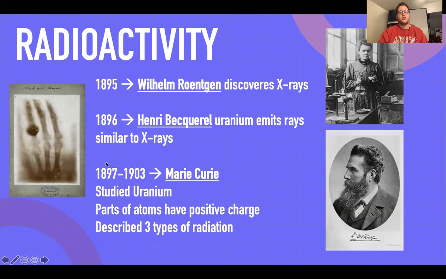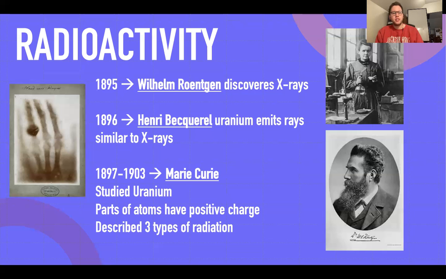For Henri to do that, he used uranium, which of course emits rays, but it is a very dangerous, decaying radioactive substance. So Marie Curie, she studied uranium. She came right after Henri.